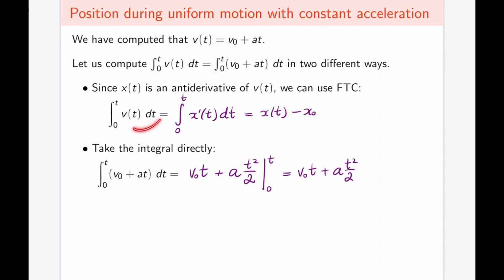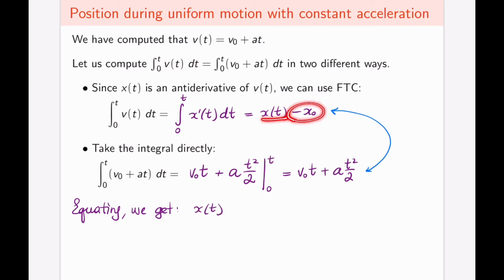And just like before, I'm computing two integrals that are the same, so I can set these two things to be equal, and what am I going to get? So equating, we get x of t minus x naught is equal to this expression.